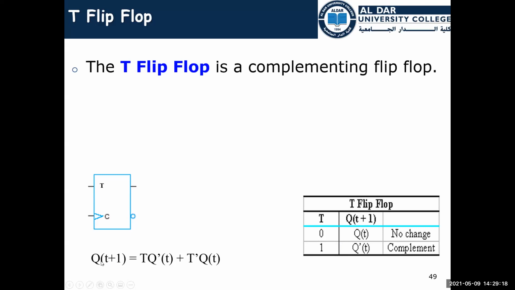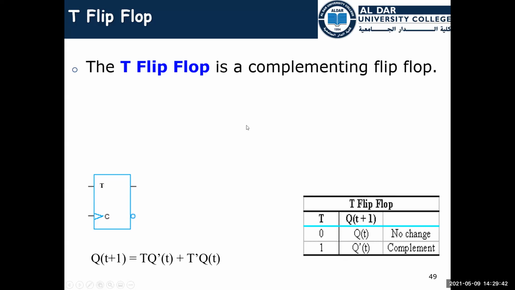Okay, so we have the characteristic equation as we derived for the JK flip-flop. Here, Q(t+1) equals T Q' plus T' Q. This is very simple. Of course, you can do that on your own. You can derive a comprehensive truth table from this small table.